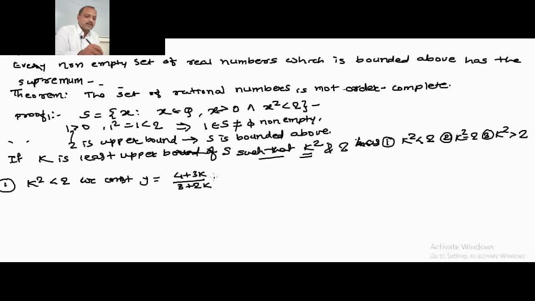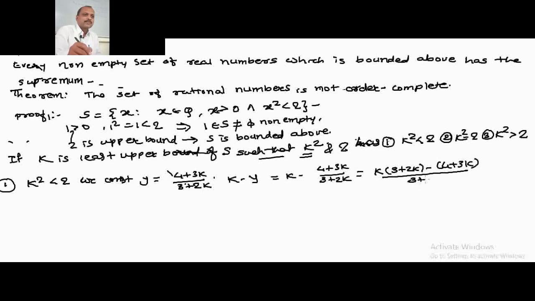Now let us calculate k minus y. k minus y equals k minus (4 plus 3k) divided by (3 plus 2k), which is equal to (k times (3 plus 2k) minus (4 plus 3k)) divided by (3 plus 2k).